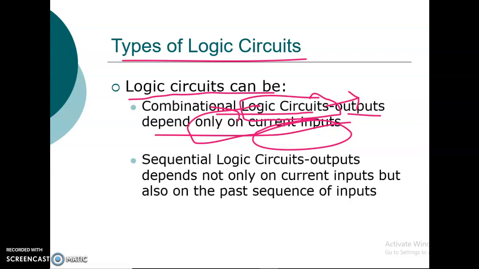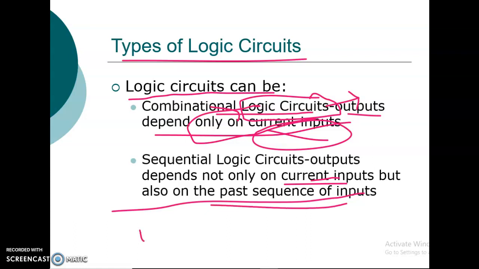Sequential logic circuits have outputs that depend not only on current inputs but also on the past sequence of inputs.